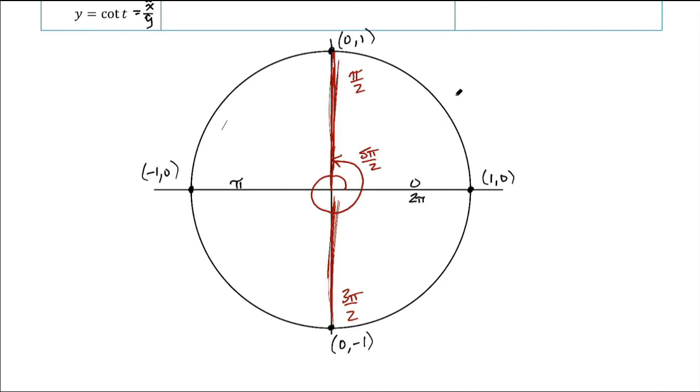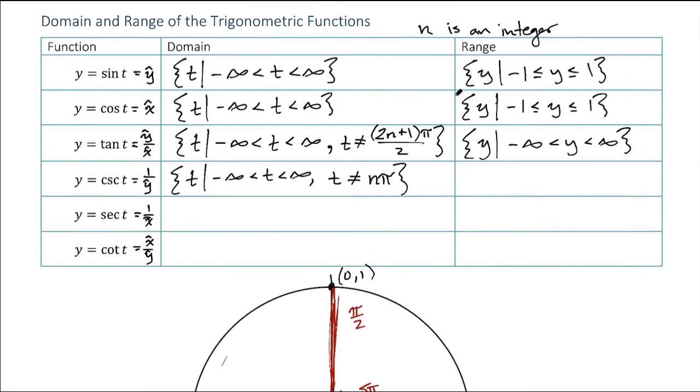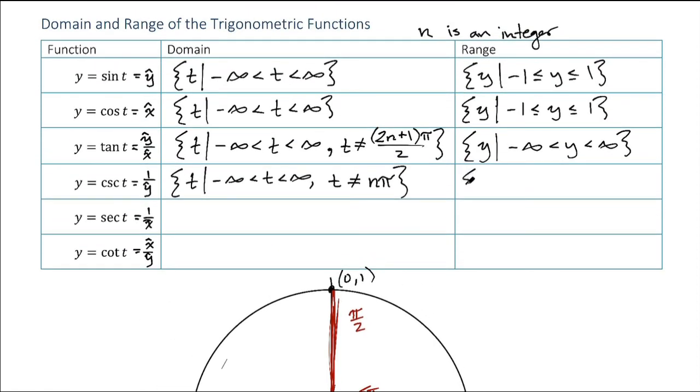But you can't get that. So the range of this is the set of all y, where y is either greater than or equal to 1, or y is less than or equal to negative 1. When you divide by a number between 0 and 1, you get a number greater than or equal to 1. And if you divide by a number between 0 and -1, you get a number less than or equal to -1.